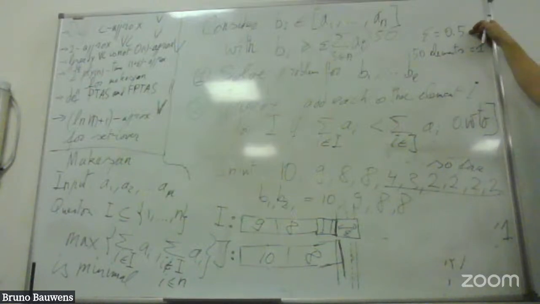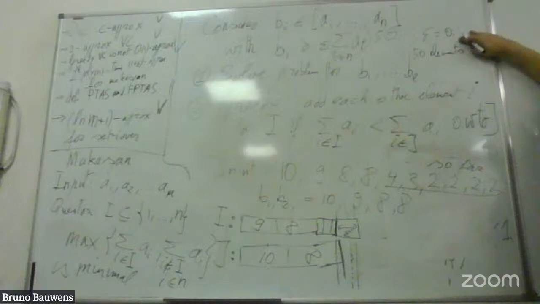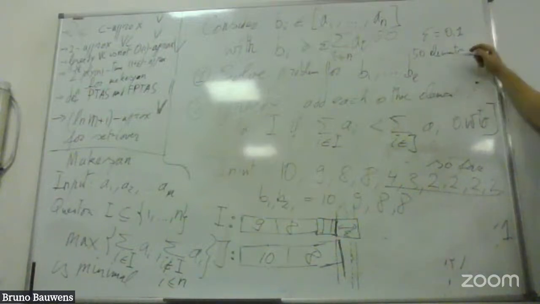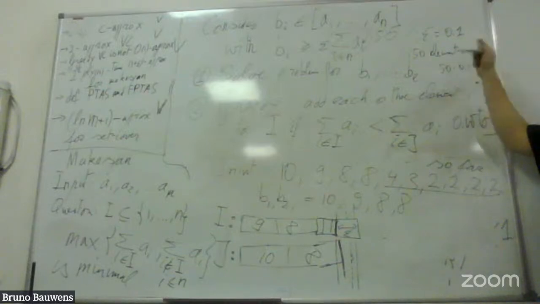So 50 times 0.1 is 5, so you pick 0 elements.